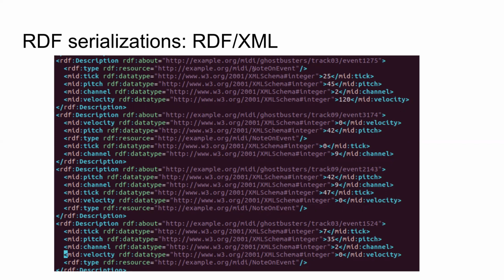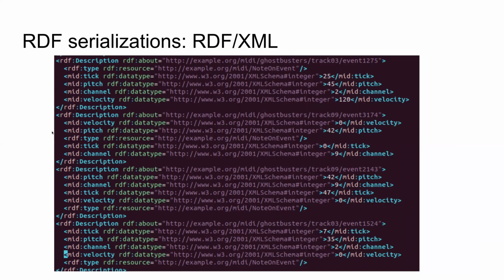So this event is of type note, has a tick of 25, has a pitch of 45, has a channel of 2, and has a velocity of 120. So we probably know from this that we are talking about some data representing the musical domain.